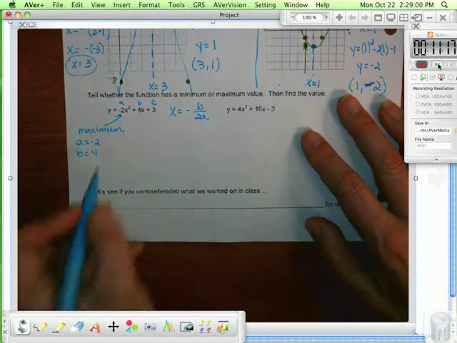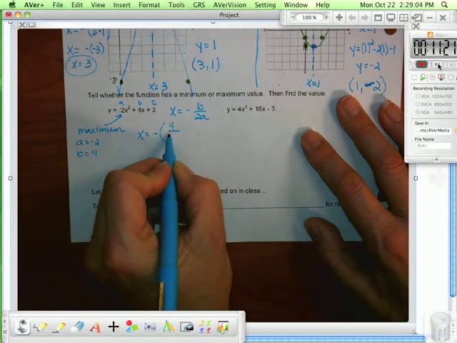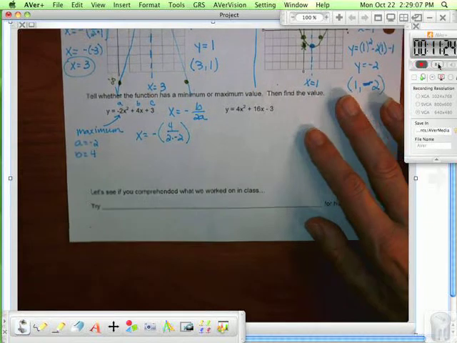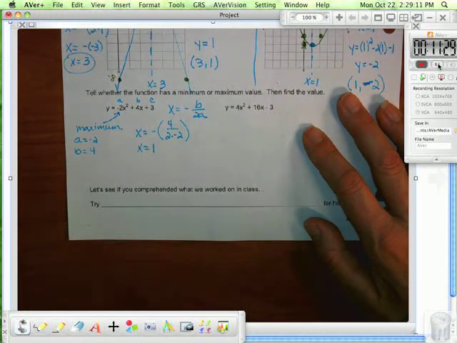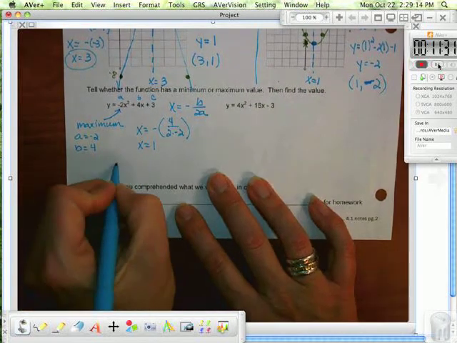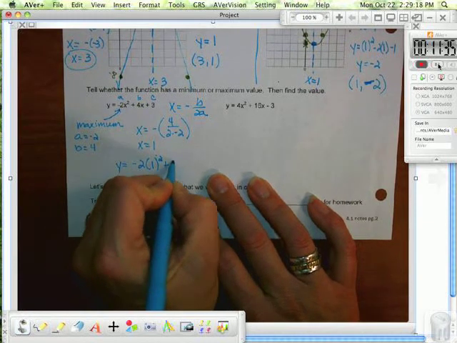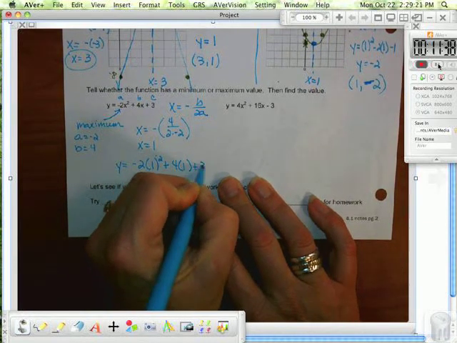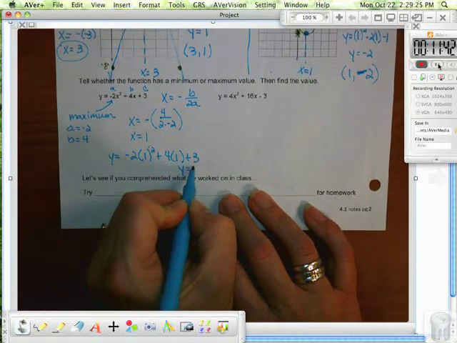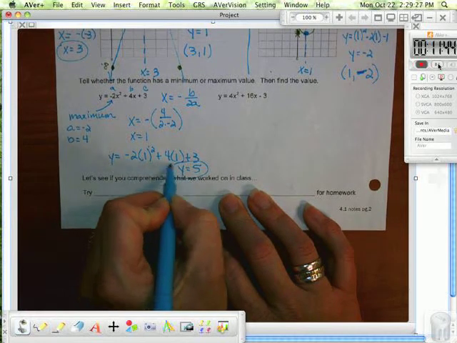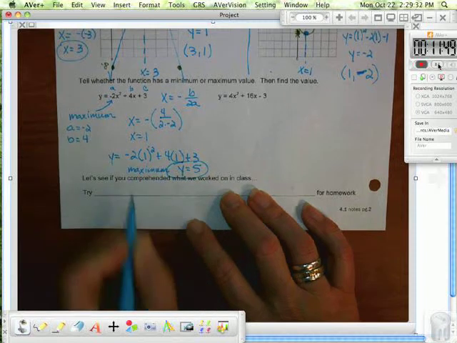So x equals 1. Plug it in. And y equals 5. That is my answer, because the maximum is the y-coordinate of the vertex. Okay? That is my answer.